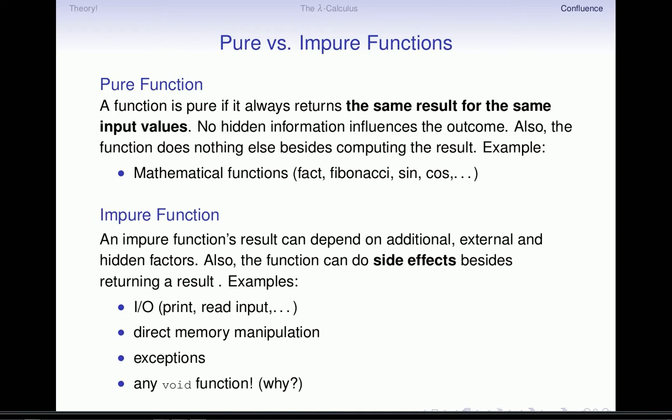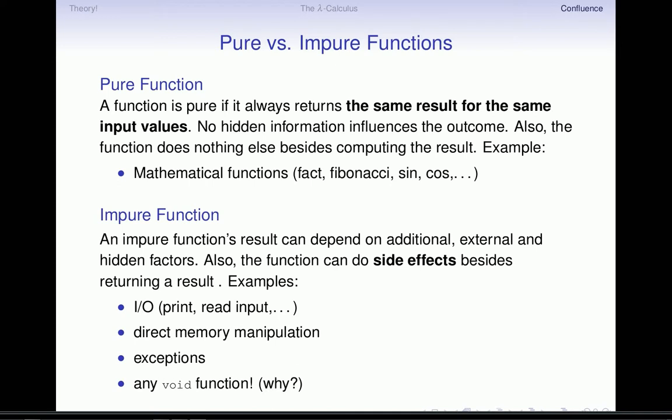An impure function's result can depend on additional external and hidden factors. That means that the function can also do side effects besides returning a result. For example, I/O is an impure function because it prints values to the screen.